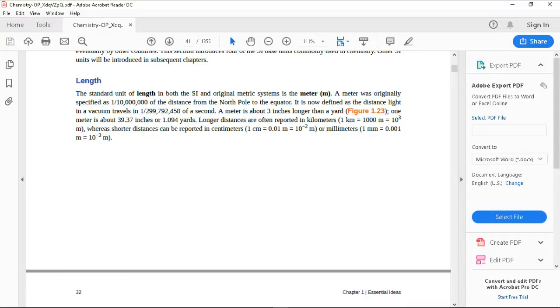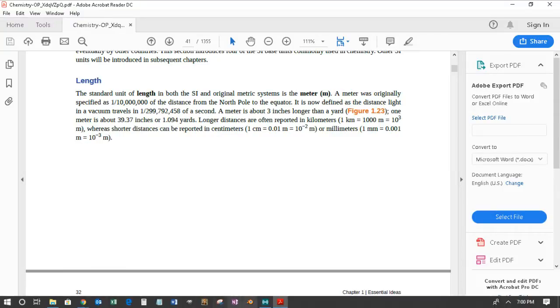It is now defined as the distance light in a vacuum travels in. Dude, how do they measure that? Let's look that up.